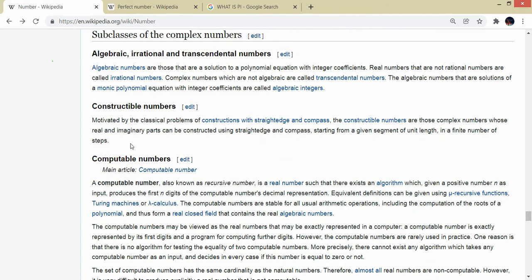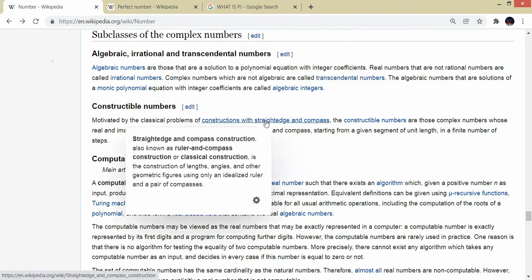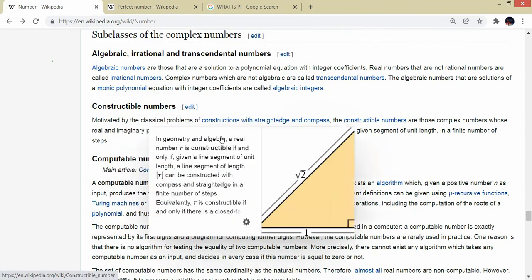Constructible numbers, computable numbers. What are constructible numbers? In geometry and algebra, a real number R is constructible if and only if, given a line segment of unit length, a line segment of length R can be constructed with compass and straightedge in a finite number of steps.